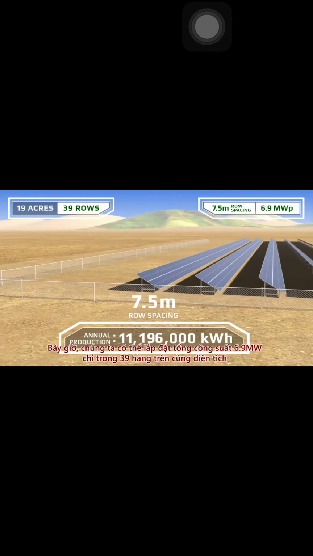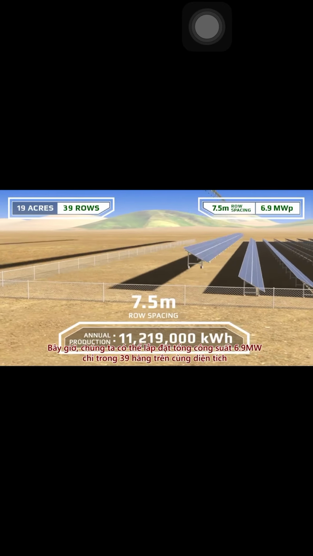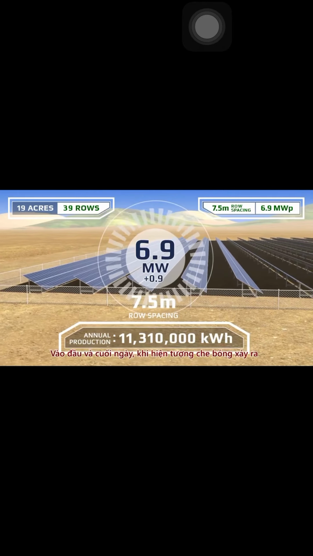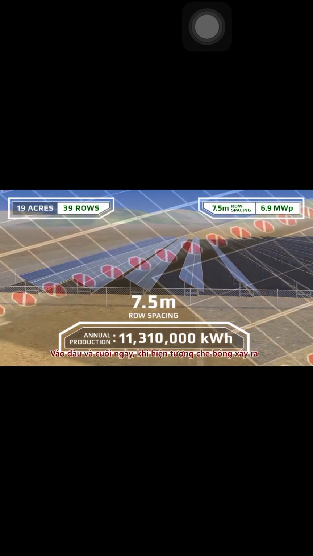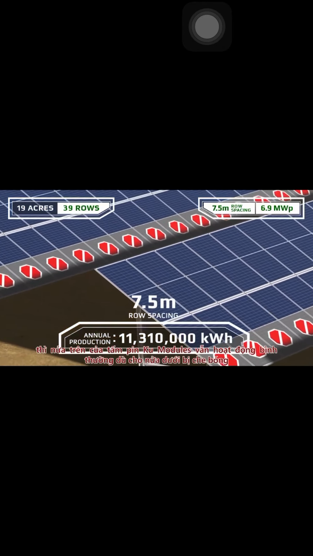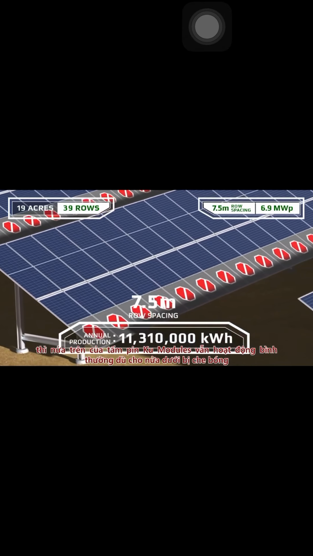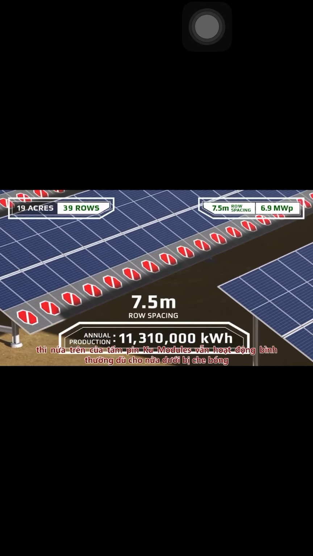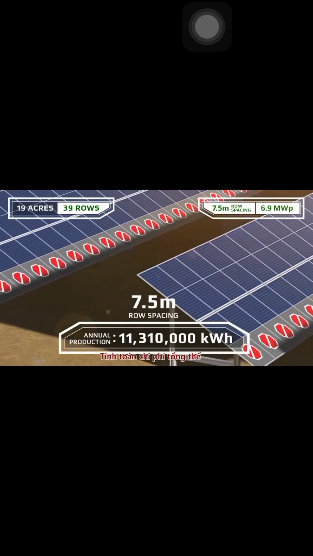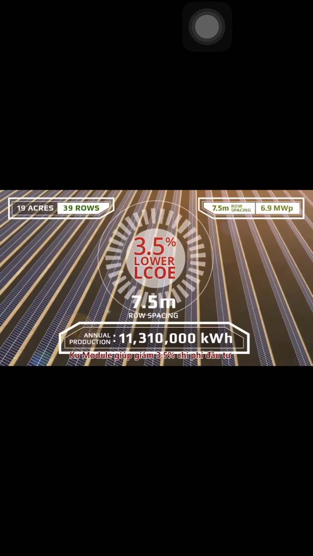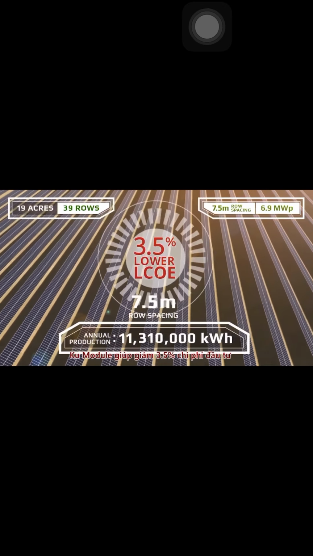Now we can fit 39 rows of modules in the same parcel for 6.9 megawatts total. At the beginning and end of the day when shading occurs, the top halves of the modules are still producing power, even when the bottom halves are partially shaded. Factoring in the additional equipment cost, COO modules deliver a 3.5% lower LCOE.